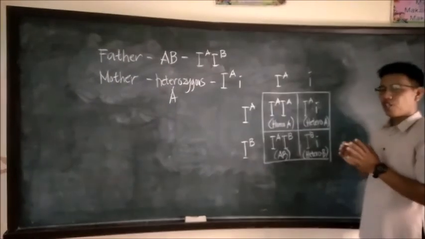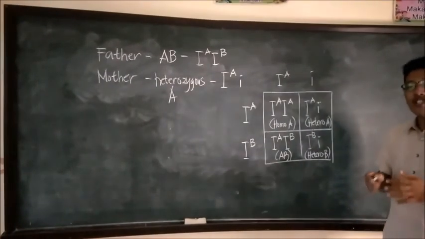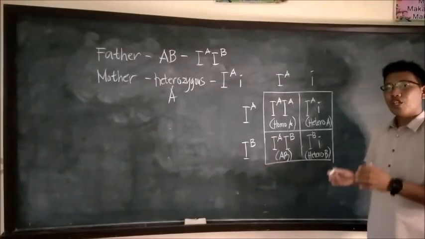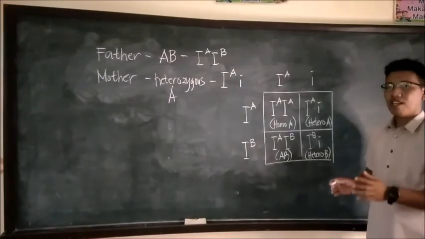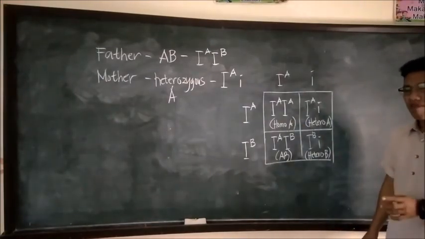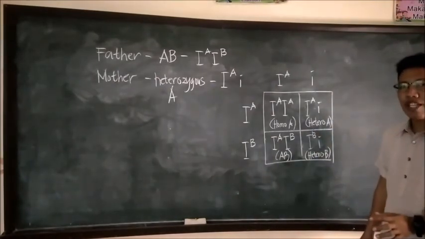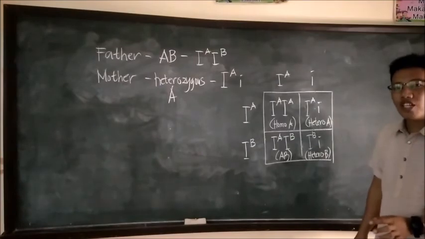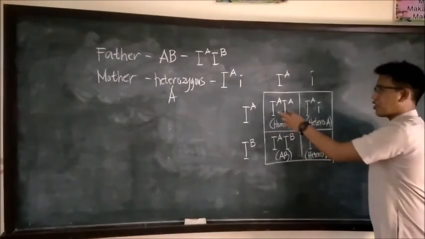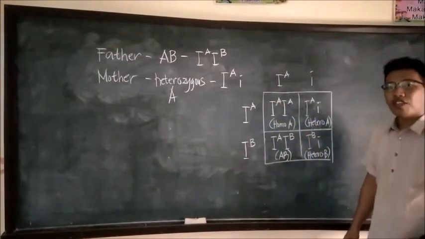If you're going to ask about the phenotypic and genotypic ratio, or the chances of obtaining a blood type, you have to remember that each box corresponds to 25%.